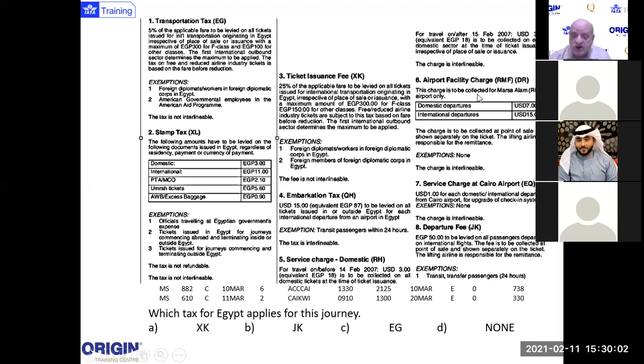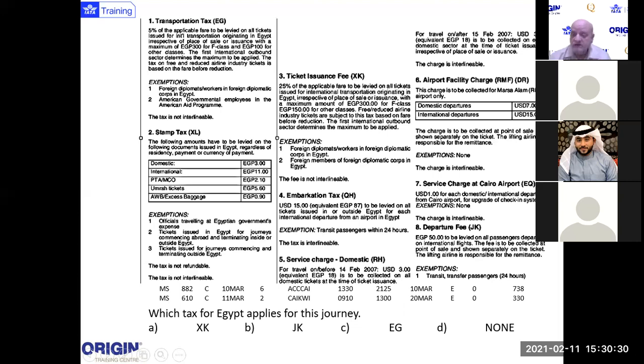This charge is to be collected for Marsa Alam Airport only. Where's this passenger going from? Cairo. Do you agree? Yes. Right, he's not going from Marsa Alam, so he doesn't pay it.